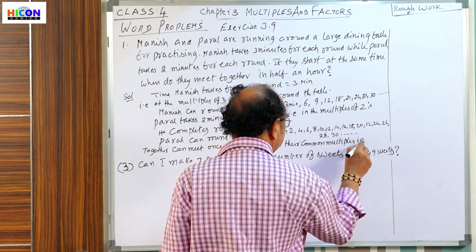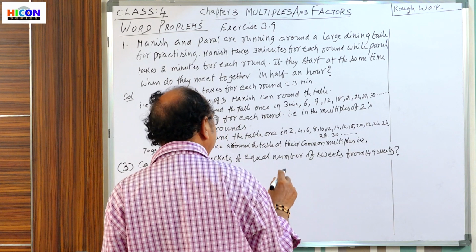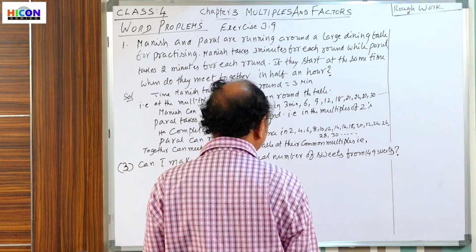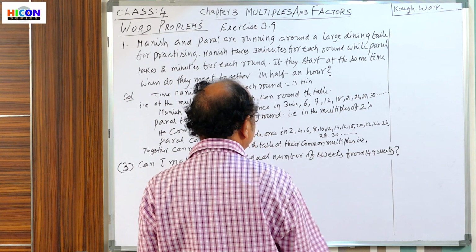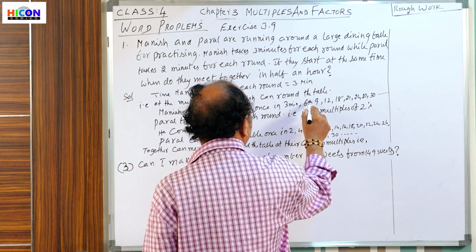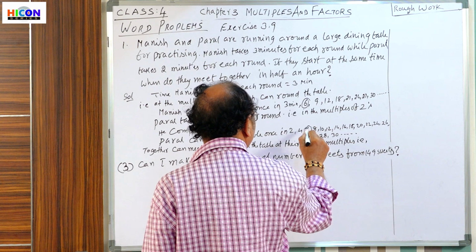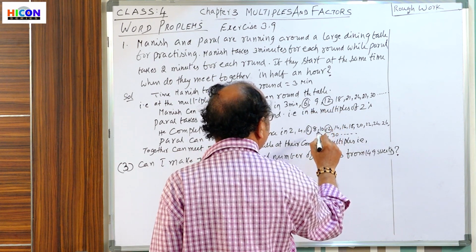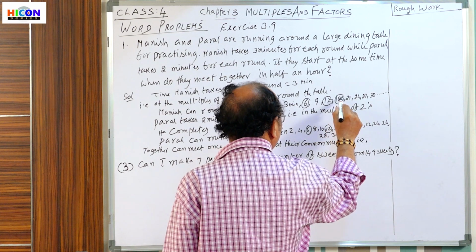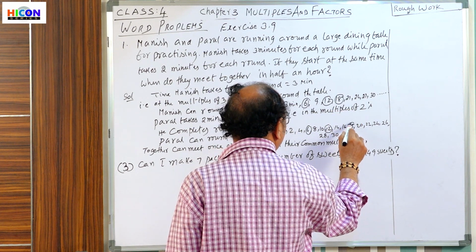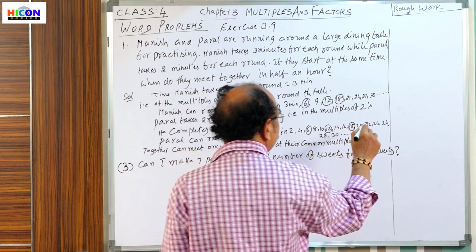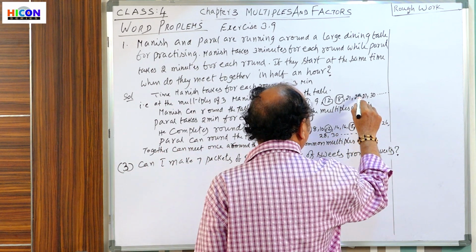What are the common multiples here? Tell. 6 here, 6 here. Next, 12, 18. Next, 24.